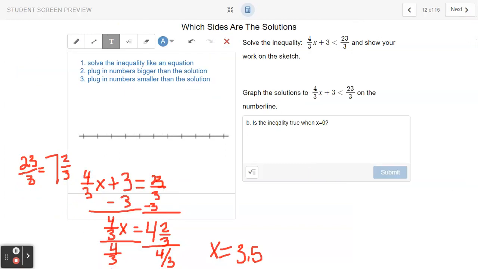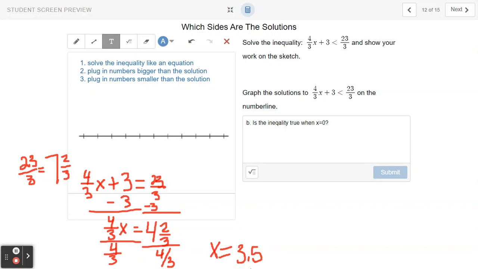So again, here's what my work looks like. I subtracted 3 from both sides first, and I changed 23 thirds to a mixed number because I knew I could easily subtract from that. So I got 4 2/3 on this side, and 4 thirds x on this side. Then I divided both sides by 4 thirds, and that's where I got x is 3.5.